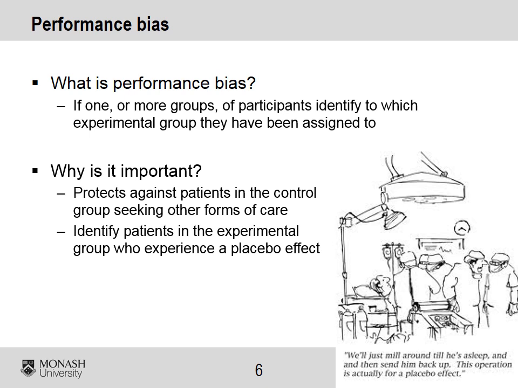Obviously, it's not possible to guard against performance bias across all interventions. So surgical, physical therapy, manipulative therapy, education interventions are all types of interventions that we necessarily can't blind against. And so we just have to resolve the fact that there are trials where performance bias is an issue.